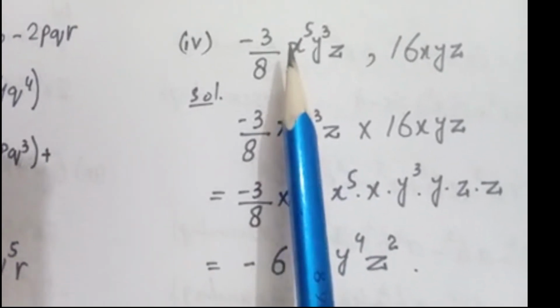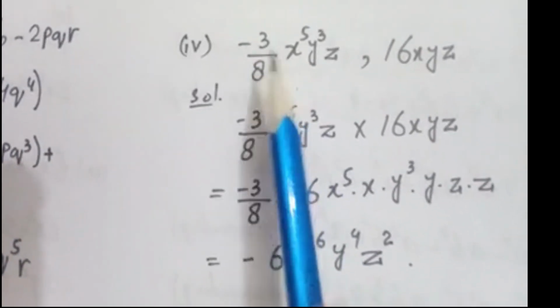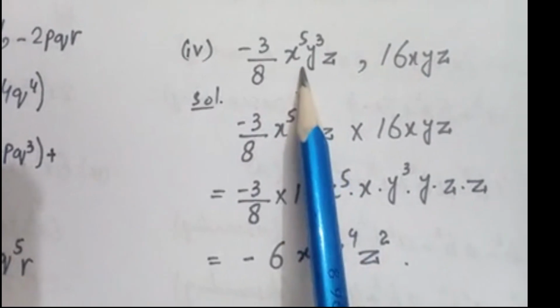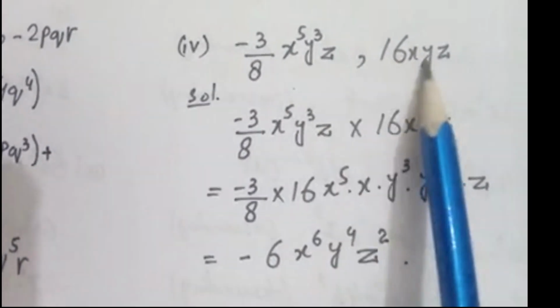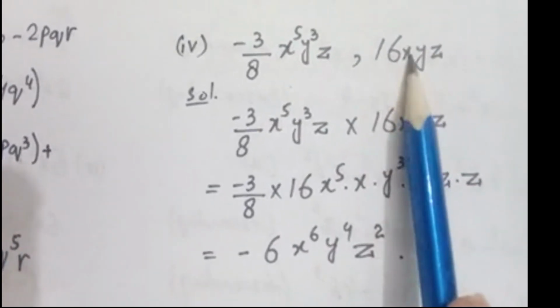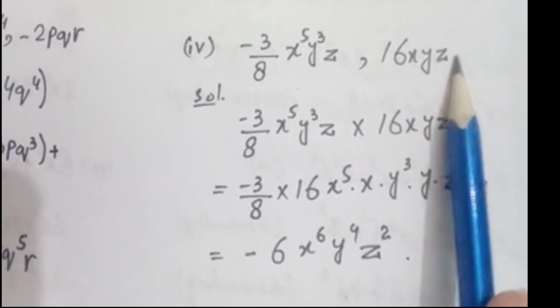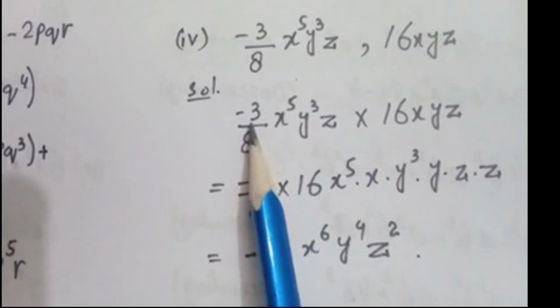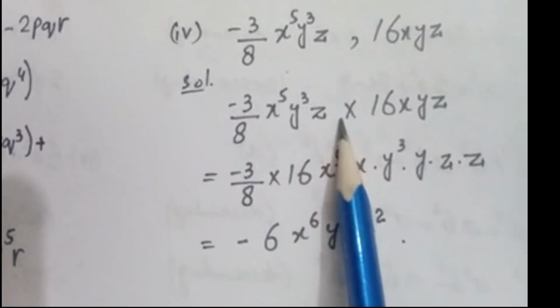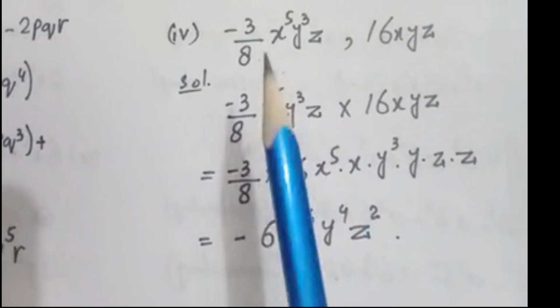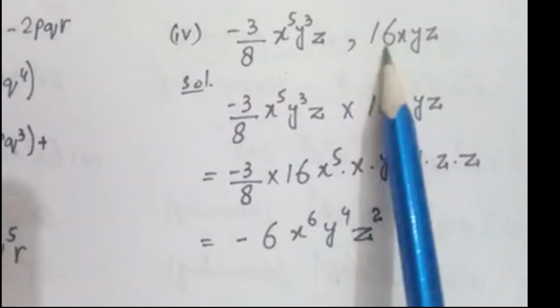Now question number 4 of this. Minus 3 by 8 x raised to power 5 y cube z multiplied by 16 x y z. So write this first term, minus 3 by 8 x raised to power 5 y cube z, multiplied by, we are going to multiply these two terms that are separated by a comma.